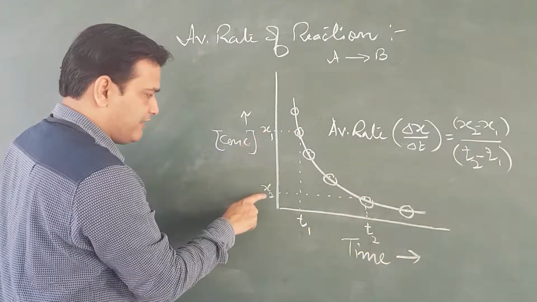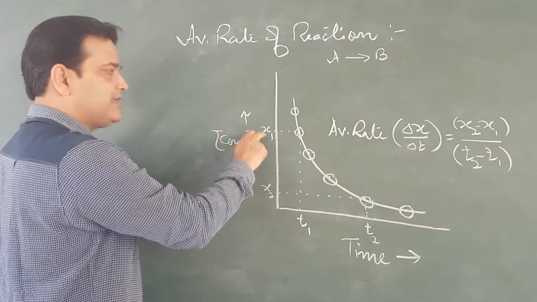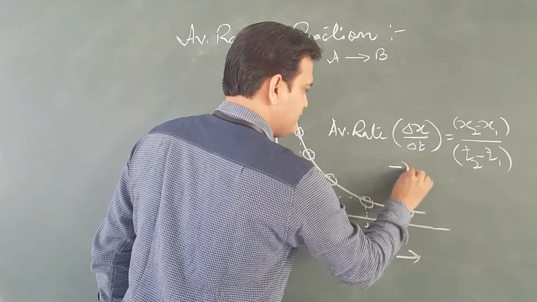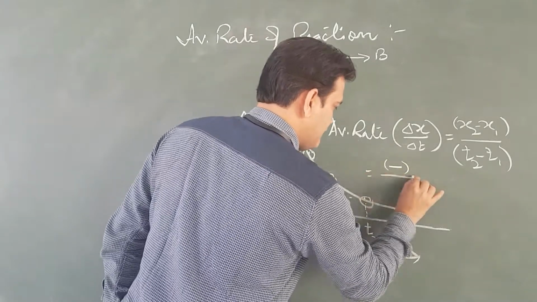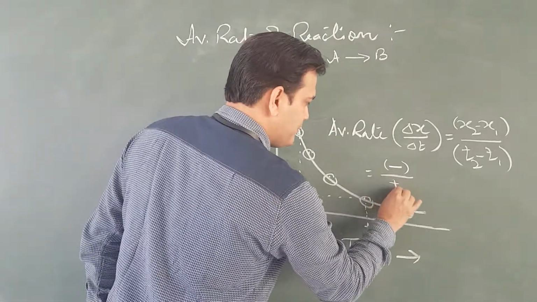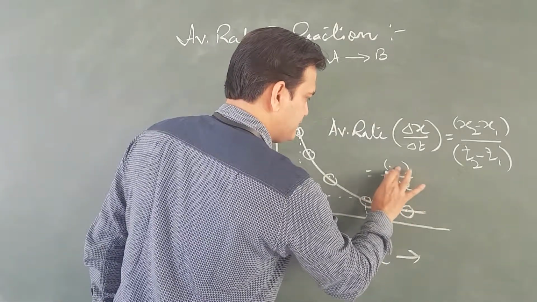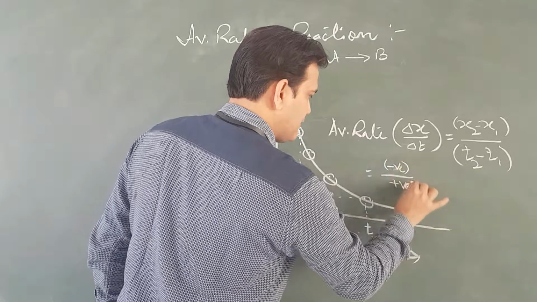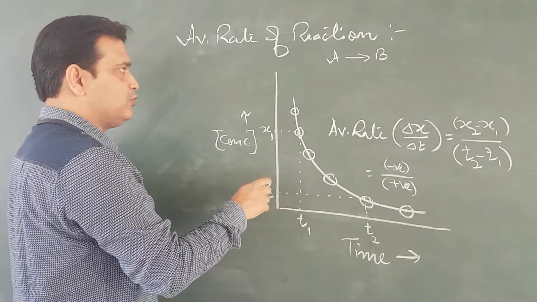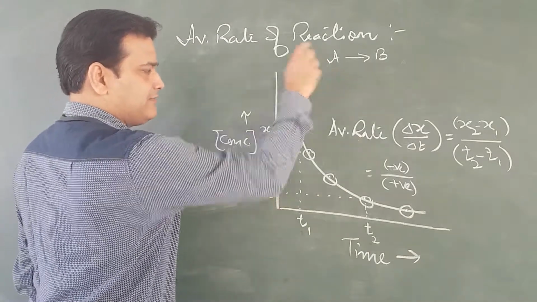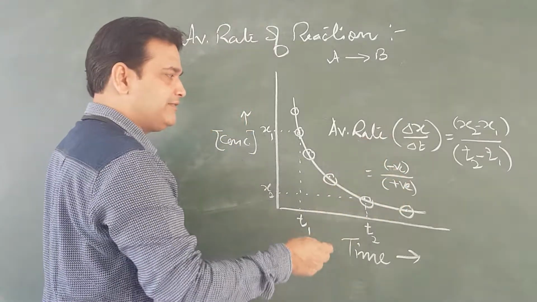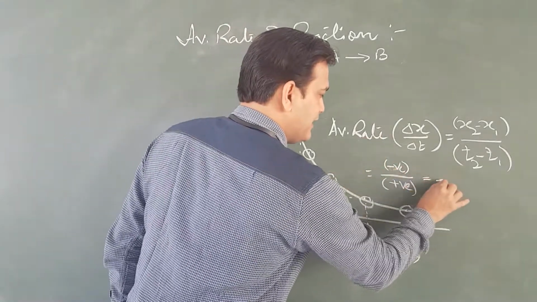x2 minus x1, lower minus higher, will be a negative quantity, and t2 minus t1 will be a positive quantity. So average rate with respect to the concentration of the reactant is negative divided by positive, which means it is a negative quantity.